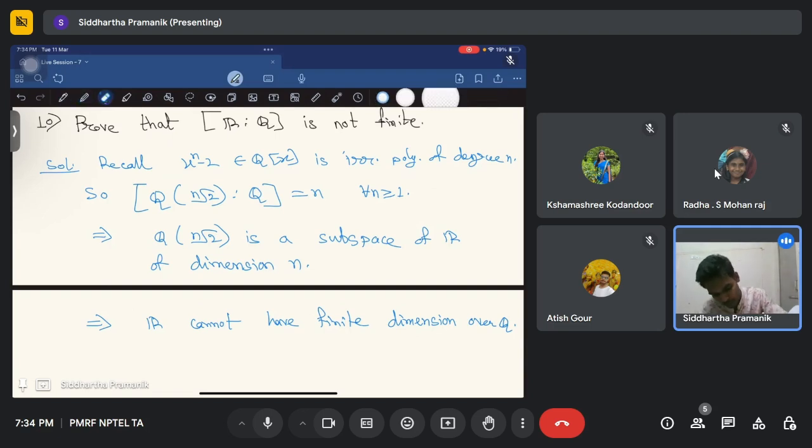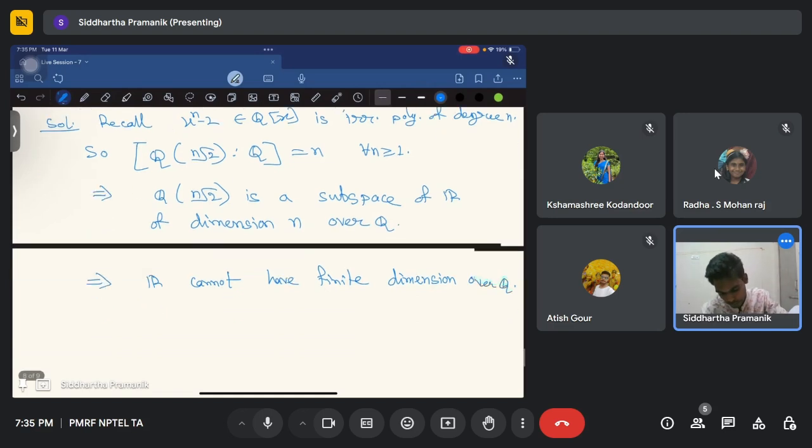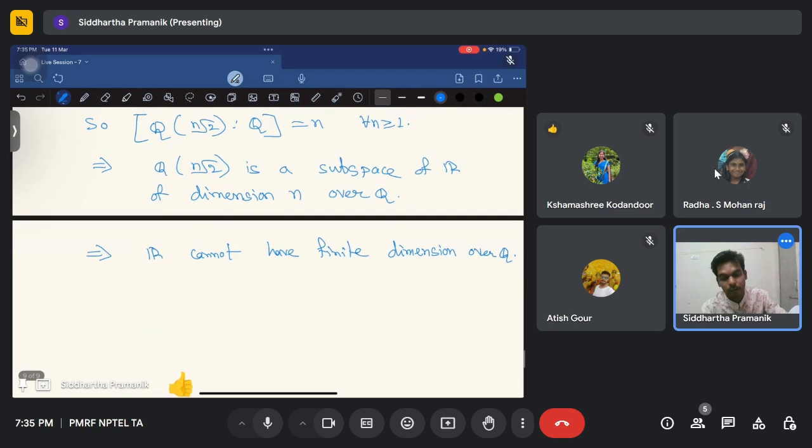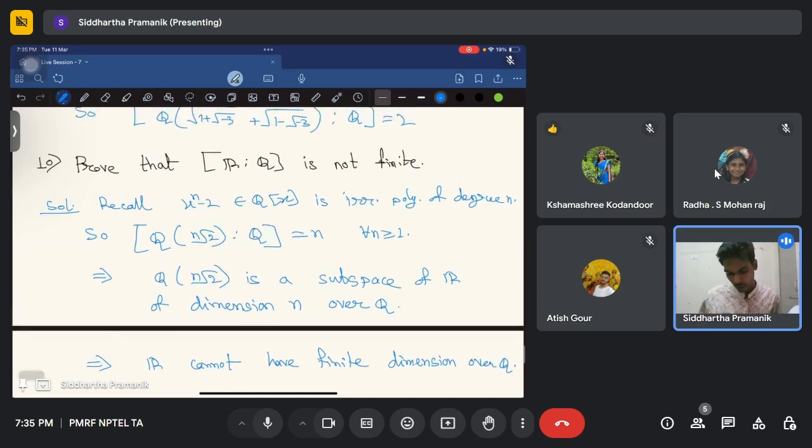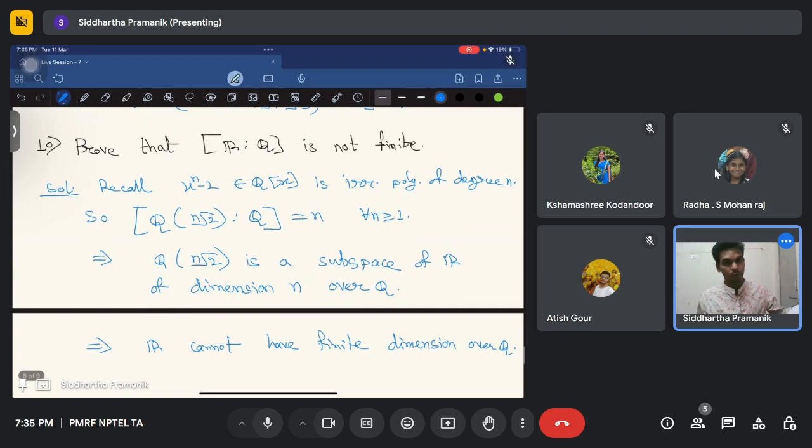So dimension n over Q means the vector space over the field Q. So I hope you also know the countability argument. Okay, so let's move on.